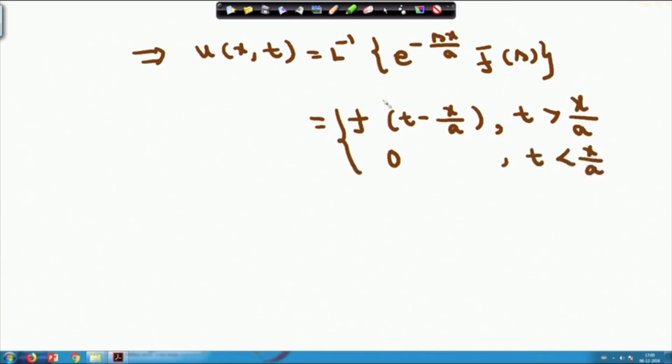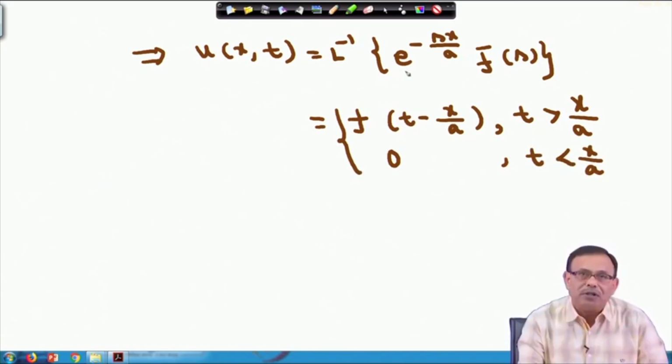I am not going into how I am finding the Laplace inverse of this. Using the properties of Laplace transform, you can always write down e power minus s x by a, because the coefficient of s is minus x by a. So, I can write it as function of t minus x by a whenever t is greater than x by a, and it is 0 whenever t is less than x by a.